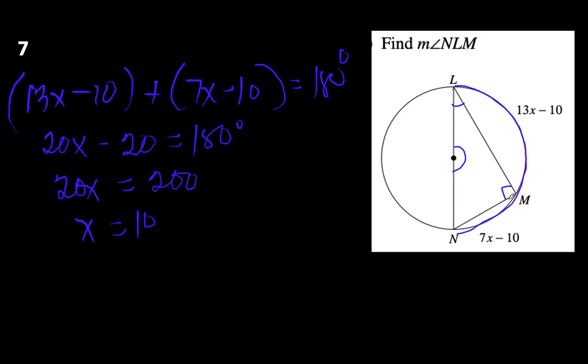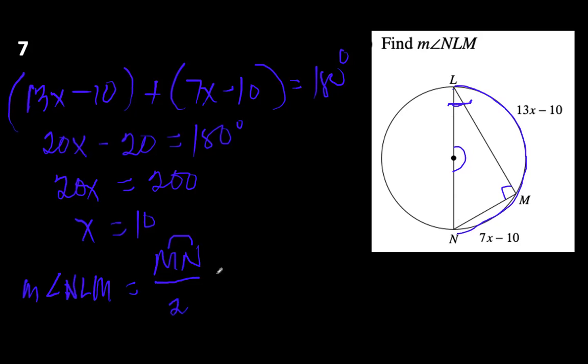The measure of angle NLM is equal to half of the measure of the arc MN, because angle NLM is an inscribed angle and its intercepted arc is arc MN.